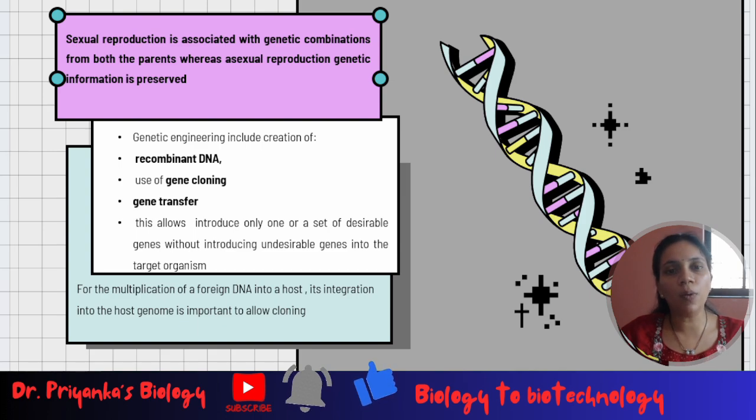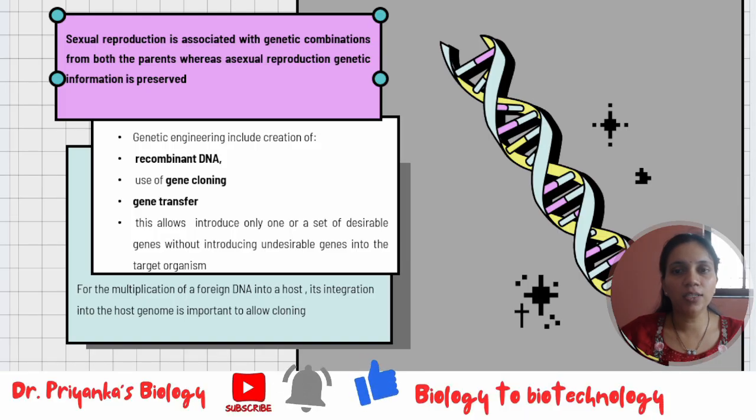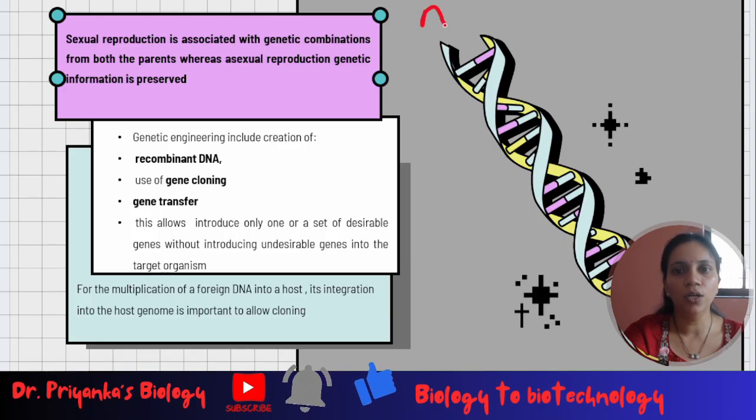Now, when we talk about genetic engineering, it basically involves very specific work. Let's take one example. You have alphabets from A to Z. There are different alphabets involved over here.